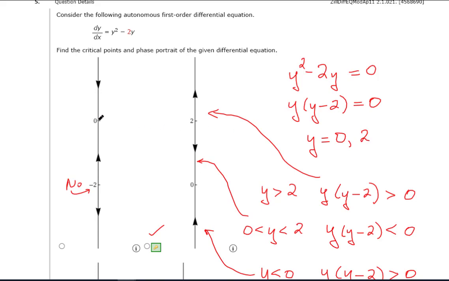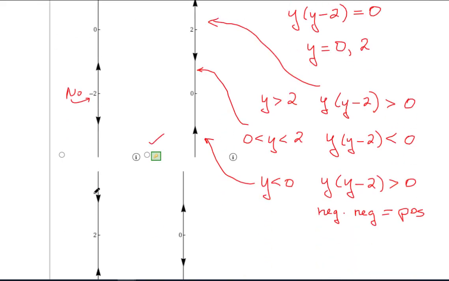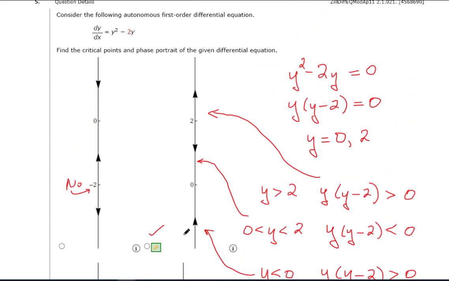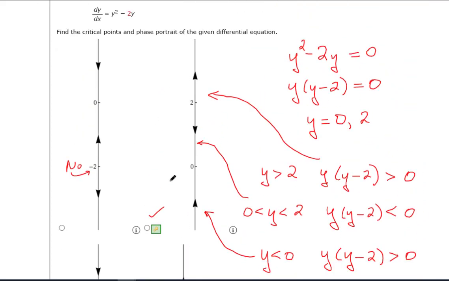So I've got 0 and 2 as critical points, so pretty clearly this first one is not correct because I've got 0 and minus 2. This one is 0 and 2, possible. 0 and minus 2, no.